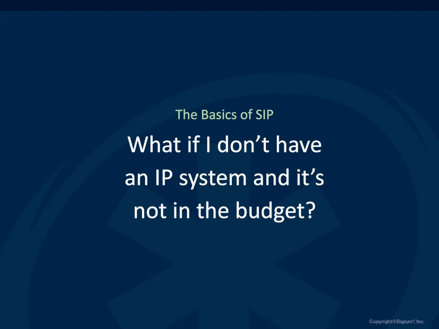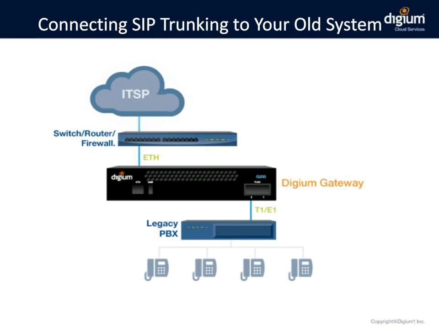Well, it is absolutely possible to do so. What you need in order to make that work is what's called a gateway. A gateway allows you to connect SIP trunking services to legacy phone systems, digital or analog. If they have a PRI or T1 connectivity for that PBX or phone system, you can connect a PRI gateway to that legacy PBX, and then SIP trunking can connect to that gateway.